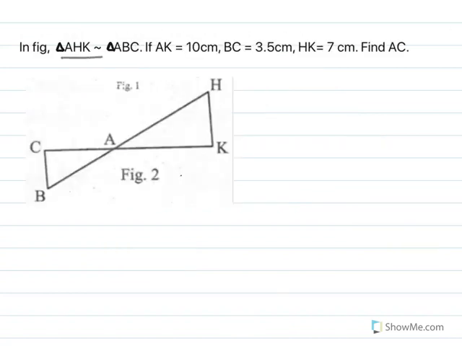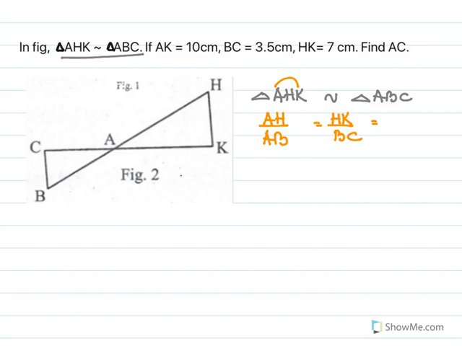For the next sum, the similarity is given to us. Triangle AHK is similar to triangle ABC. Hence, the sides will be proportional. So we can say AH over AB will be equal to HK over BC, which will be equal to AK over AC.